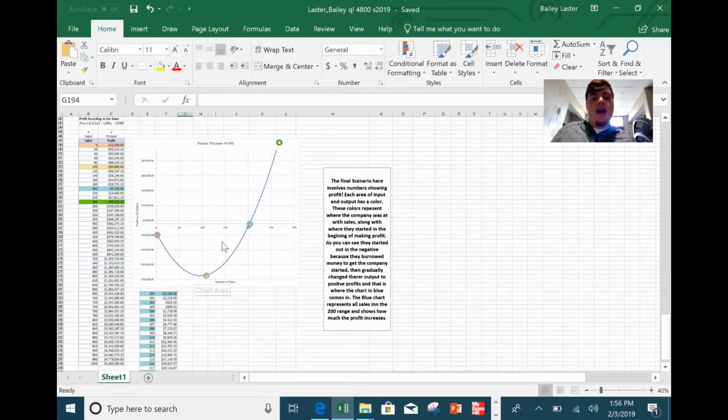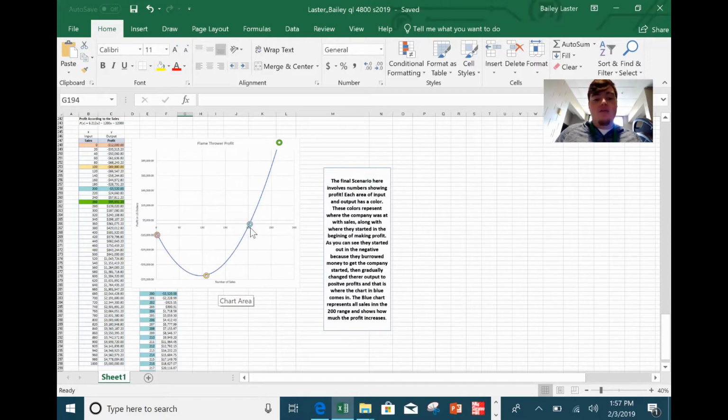So each area of profit on this line graph is showing how they're advancing. Then in the turquoise blue color area on the chart shows you nothing but profits. So after this line right here in the middle, it's blue.